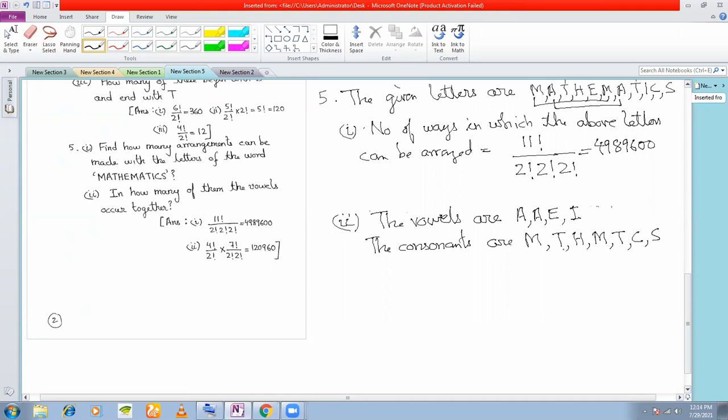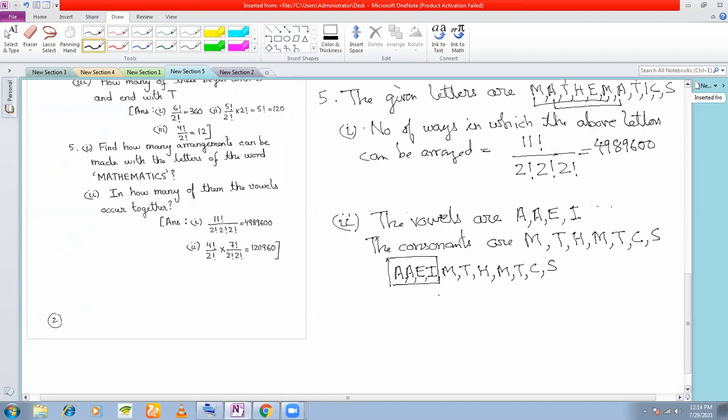Now the question is, in how many of them are vowels together? The vowels will be together if I have this kind of an arrangement: A, E, I, and then M, T, H, M, T, C, S, right? If this kind of arrangement I have, then the vowels will be together.